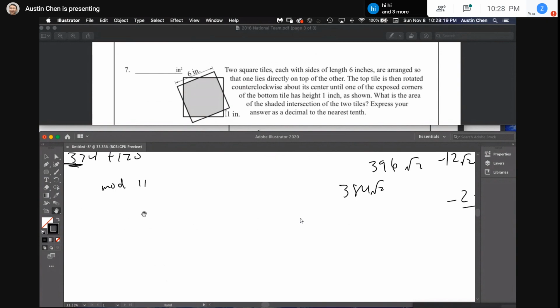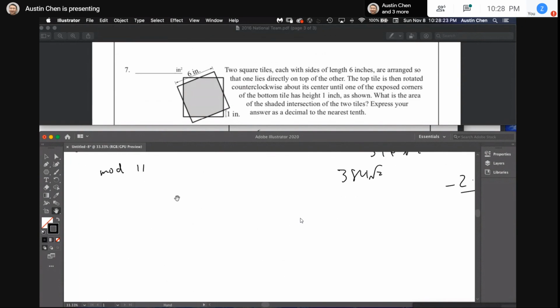All right. So by symmetry, we can see that this side length will also be 1, right? And all these small lengths will all be 1 inch. So what can we do here?